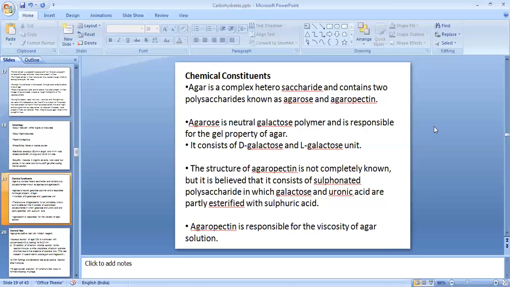And this agaropectin is responsible for the viscosity of agar solution. That is why on hydrolysis, the polyuronic acids which are esterified with sulfuric acid are broken down and give out sulfuric acid, which gives a positive test with barium chloride.